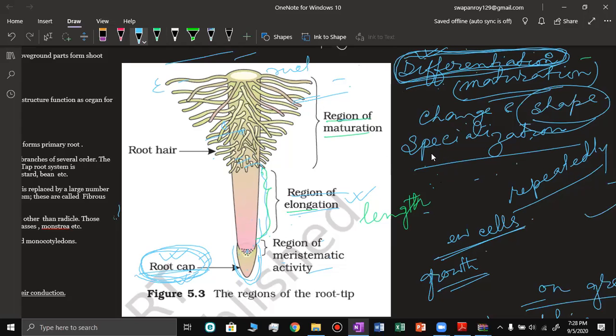Okay, so they change in their shape, and in this place, from the outside, we can see that the epidermis of the root, we can see some thread-like, cotton-like structure.